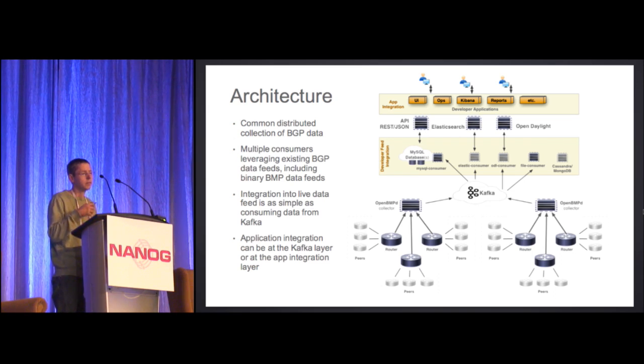Because there's a demarcation between Apache Kafka and the consumer layer, you don't have to worry about badly written applications causing a problem to your data feed, and it won't affect any other consumers. So applications at the integration layer within Kafka can crash all day long, and it doesn't have a problem at all. So you get a stable environment.